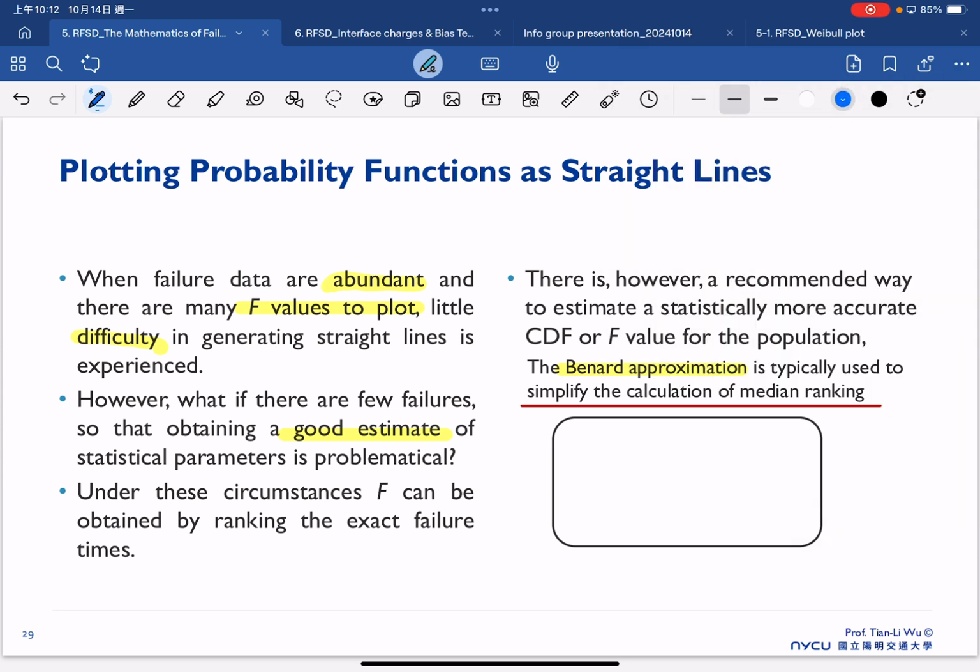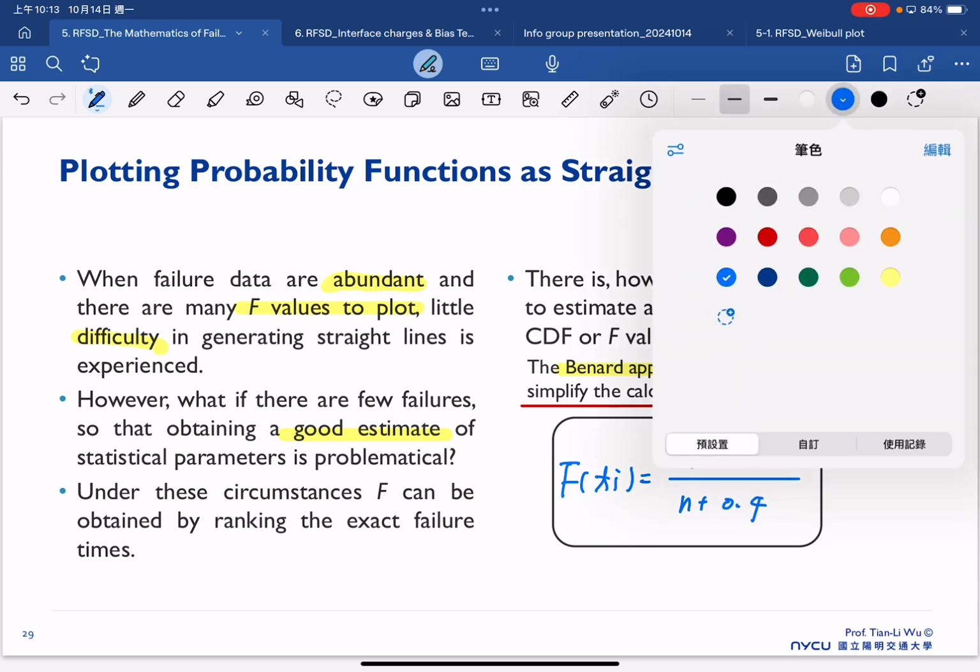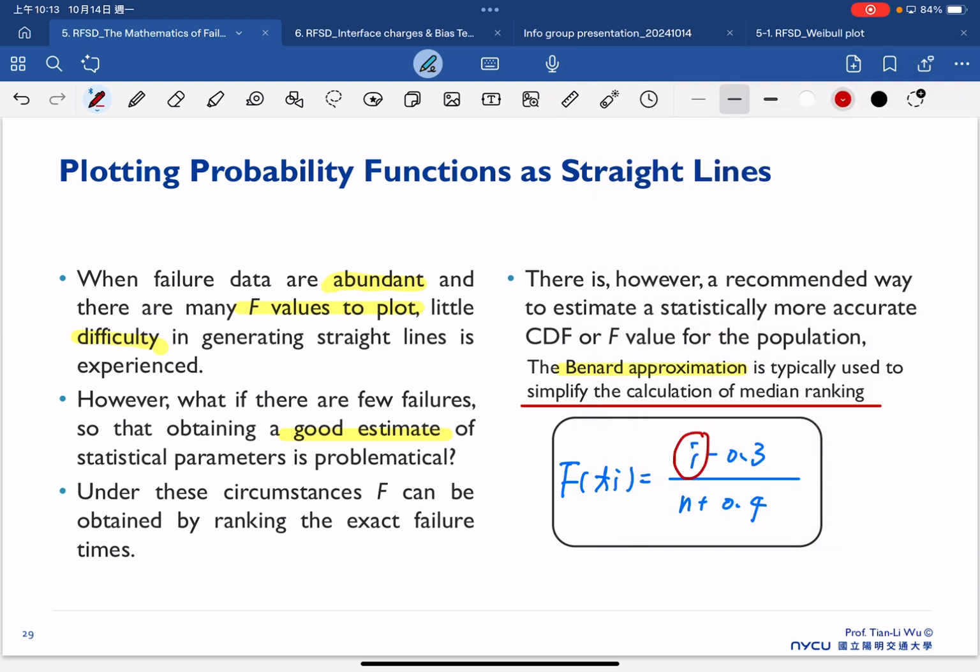We have the capital F(t_i) is equal to (i minus 0.3) over (N plus 0.4). So the i is the order, and N is the total testing number.